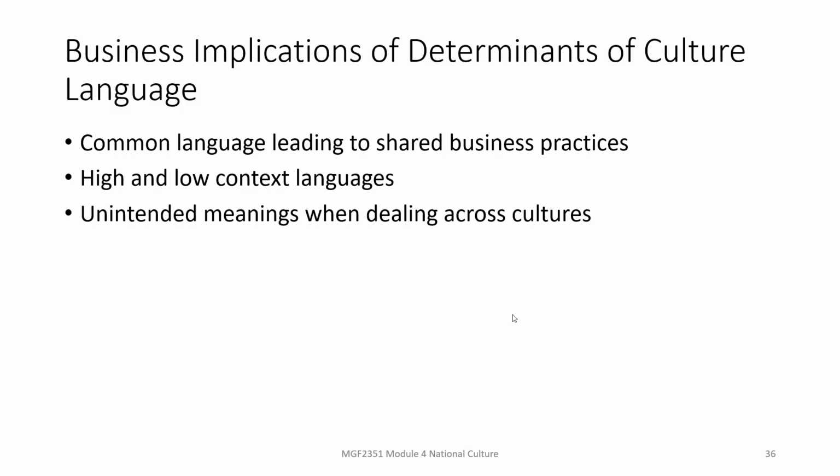High context languages are often languages that have few verb tenses. So you've got to infer what the tense and what the meaning is from the context of what is being said. Thai, most Chinese languages, most Sanskrit-based languages are high context languages.